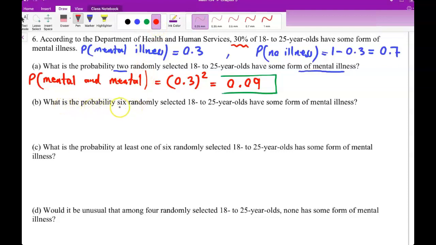Now, next part, what is the probability 6 randomly selected have some form of mental illness. So again, exactly the same as that, but now instead of having power 2, here we have 6, because that one was 2 randomly selected. Here it is 6 randomly selected. Instead of writing mental and mental and mental, having all 6 here, I'm writing 6 mental illness.